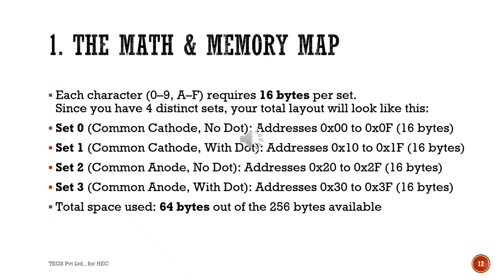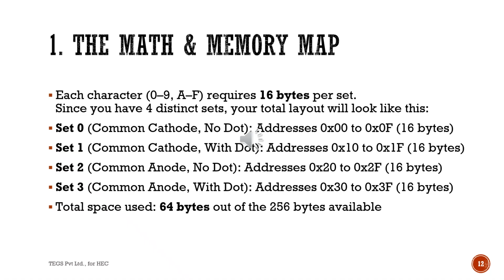The mathematics and the memory map. Each character, 0 to 9 and A to F, requires 16 bytes per set. Since you have 4 distinct sets, your total layout will look like as given below. Set 0, common cathode without decimal point, address from 00 to 0F.